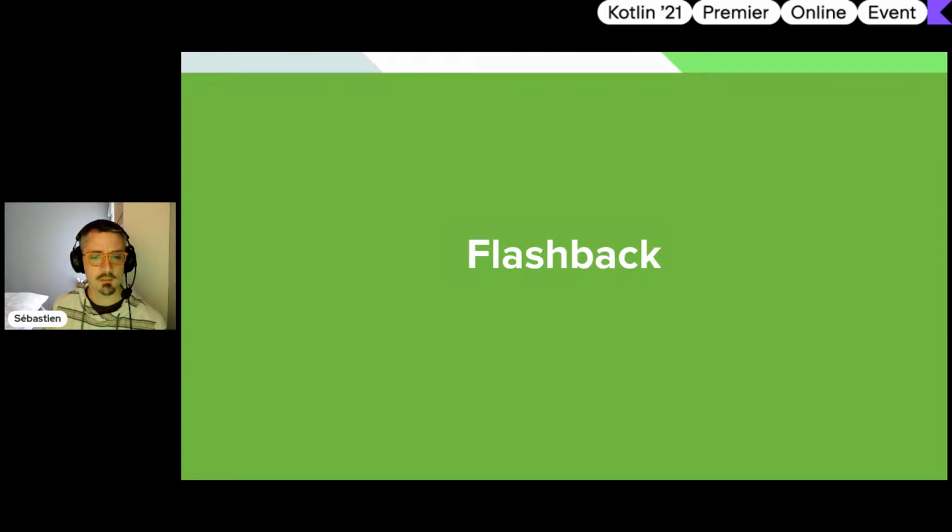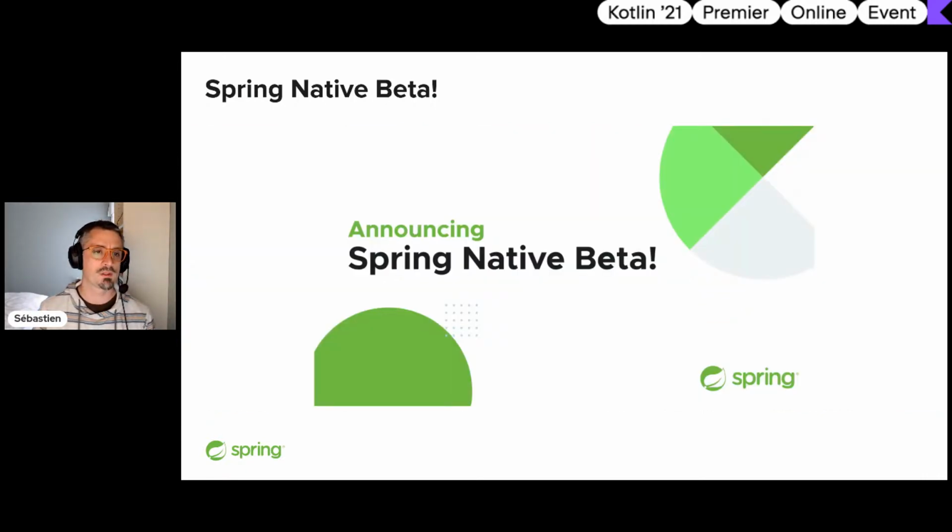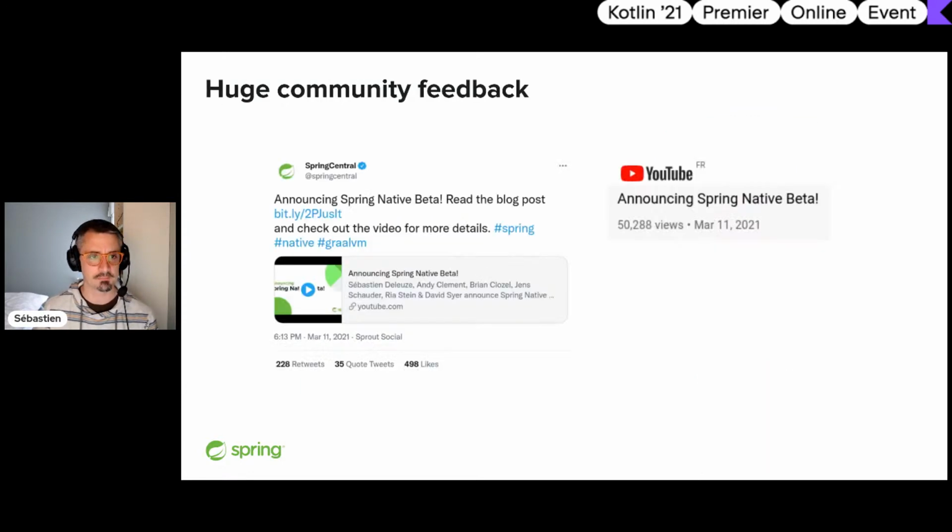And I would like to start with a little flashback. In March, the Spring team announced something pretty special. It was myself, Andy Clement, Brian Clozel from the Spring Boot team, Jens from Spring Data, Ria from Spring Security, and a few others. We announced Spring Native Beta, meaning that we reached a new step in terms of quality and memory footprint for supporting the native platform of Spring.